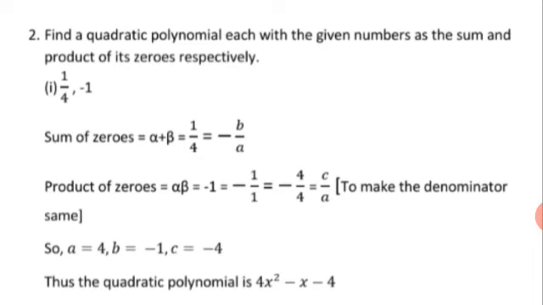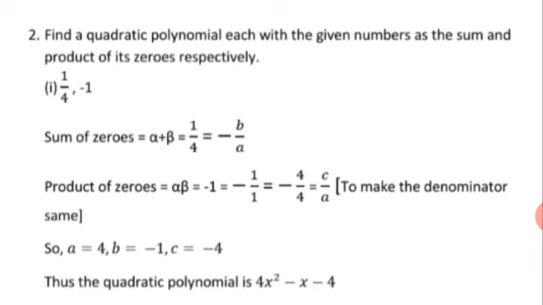Now look at the two statements properly. Our a comes out to be 4. That is written in the next statement. So a equal to 4. My b will be equal to minus 1. See it properly. Minus b equal to 1, so b will be equal to minus 1.